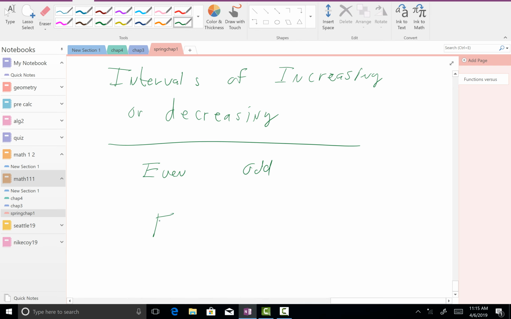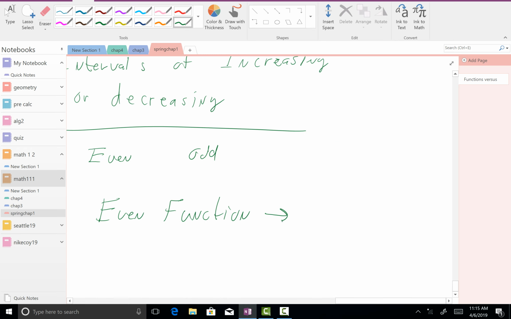If we have a function f, and we take the opposite of x, or the negative of x, and it's still the same function that you started with, then we say it's even.